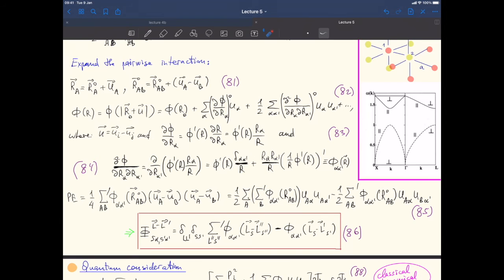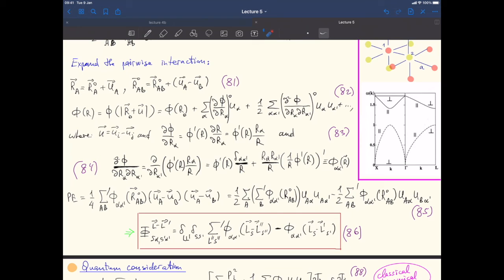So we sum over all atoms B, which are given by double primed indices, excluding atom A, so excluding an atom LS. Yeah, that's why the prime here. And we take out the second derivative of that expression.